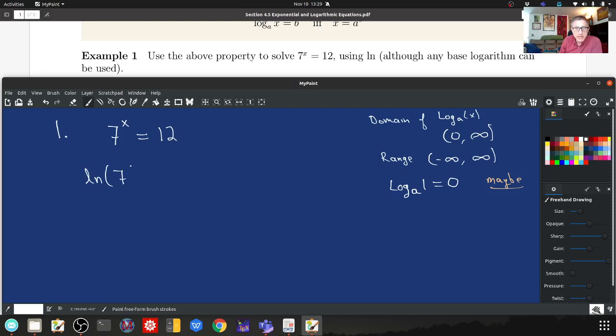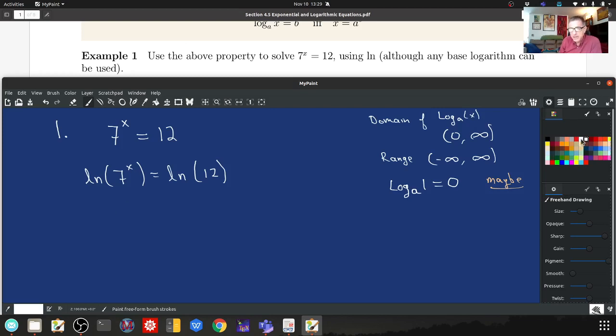Now you could take log to the base b if you wanted. So you have a choice on that. It will not affect the answer. And the reason I'm putting the 12 in parentheses, normally we don't, is just to emphasize that this is a function. This function, log to the base a of x, is a function and x is my input.